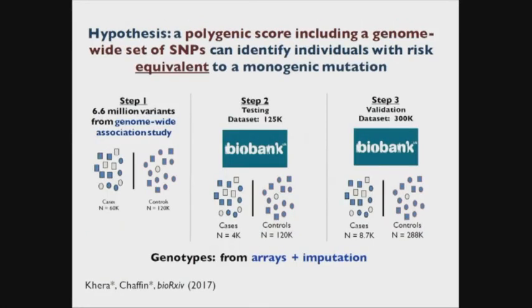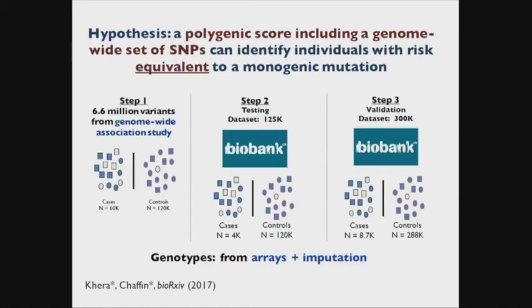And so here's the study design. We took results from a published genome-wide association study for coronary disease, tested different scores in the first phase of UK Biobank, picked the best score, and then validated that score in the remaining portion of UK Biobank. One important point here is these genotypes, for the 6.6 million variants, do not involve whole genome sequencing.